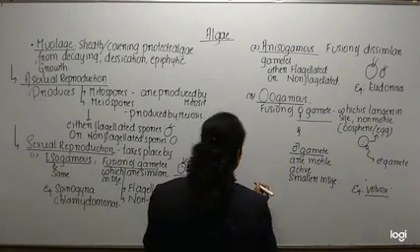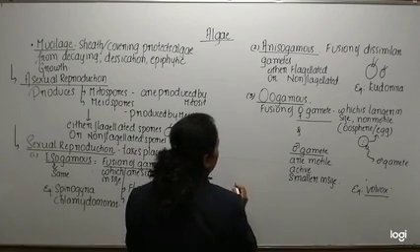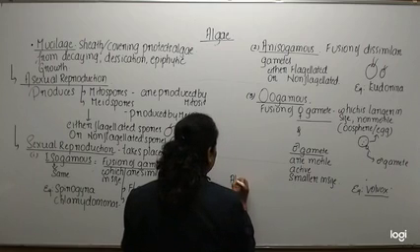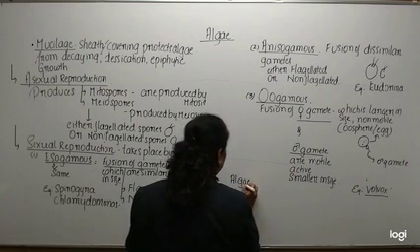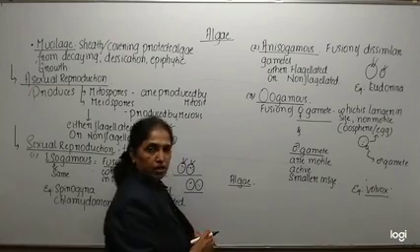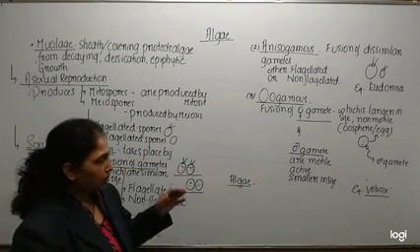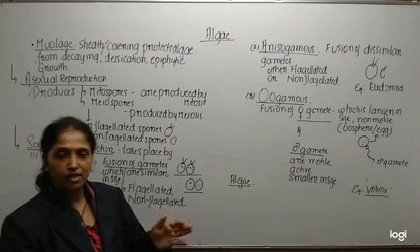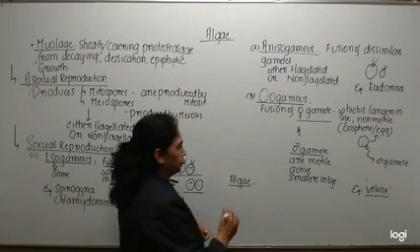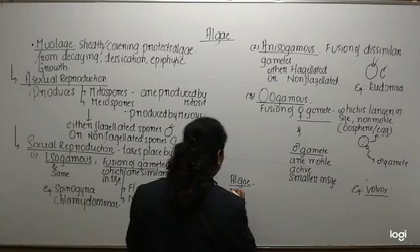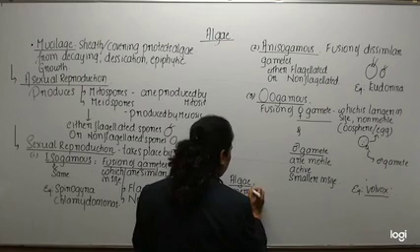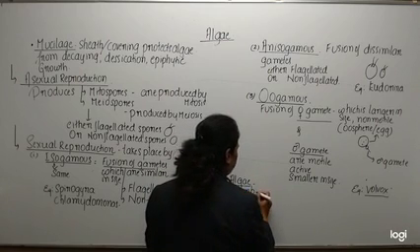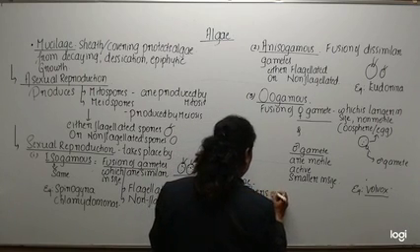So now all the members of algae are divided into three classes. Members represents all the species belonging to this.